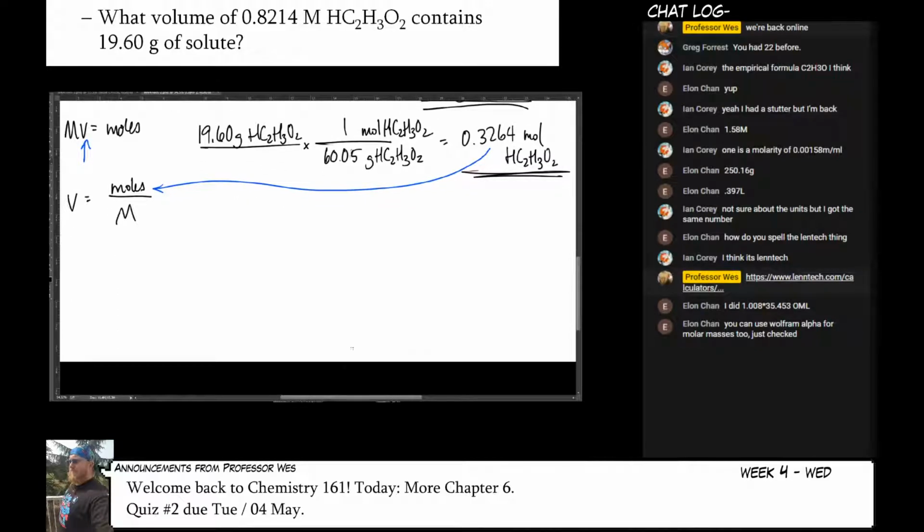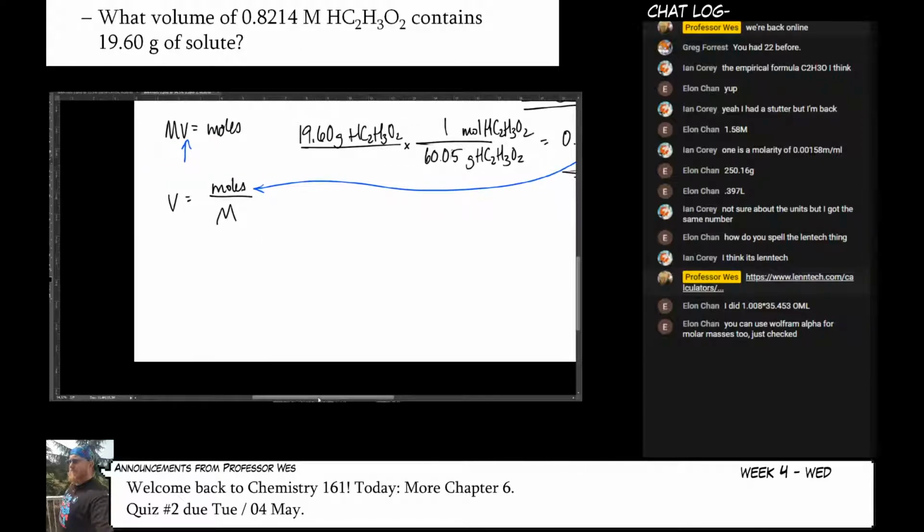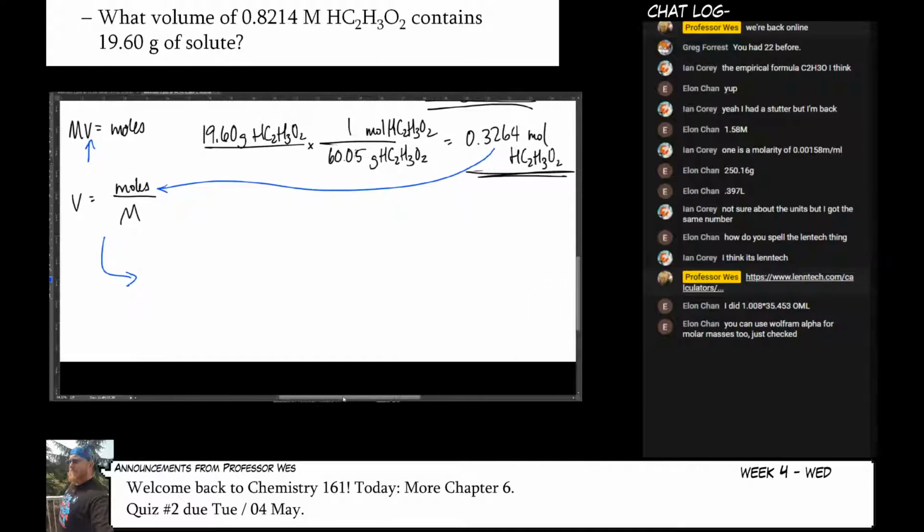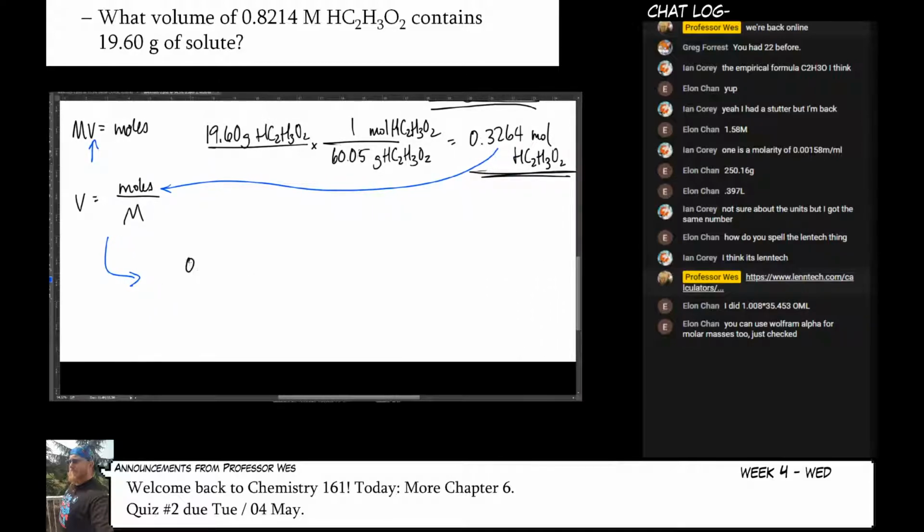So let's write this formula out. We have the number of moles of vinegar, then we divide by the molarity of the solution.